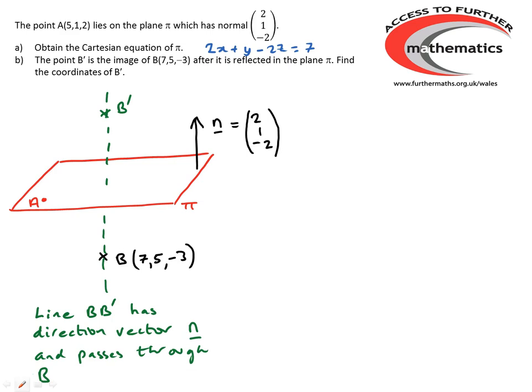We also know that the line B to B' passes through B. So we know that the line B to B' has equation r equals 7, 5, minus 3, that's the coordinates of B, plus a parameter t times a direction vector for the line, and we've commented that we know that we can use n as a direction vector for the line.